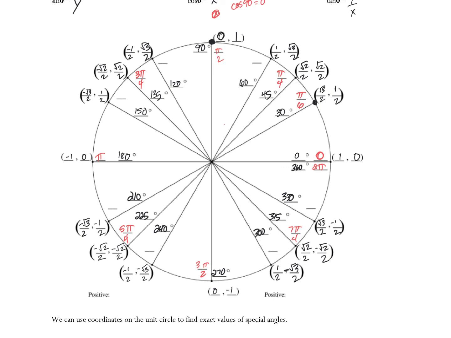Pi over 6? So what does that make the 60 degrees? 2 pi over 6. But instead of 2 over 6, you know what we're going to do? What do we know about 2 over 6? It's 1/3. Let's see. So we got 1/6, 2/6, 3/6. Does that fit for the 1/2?